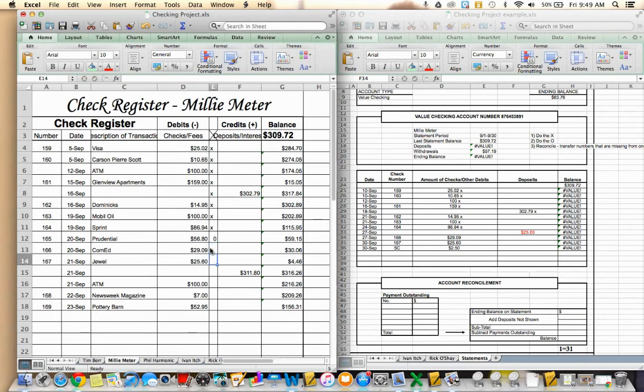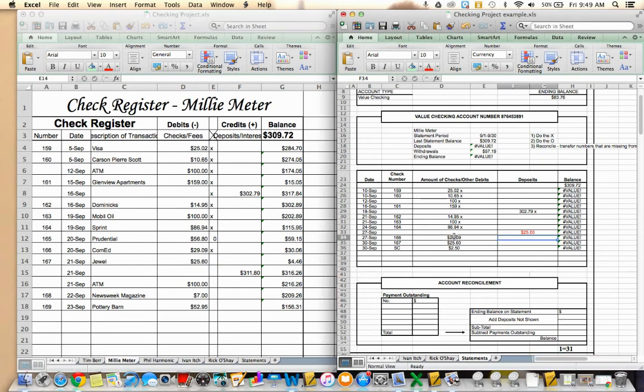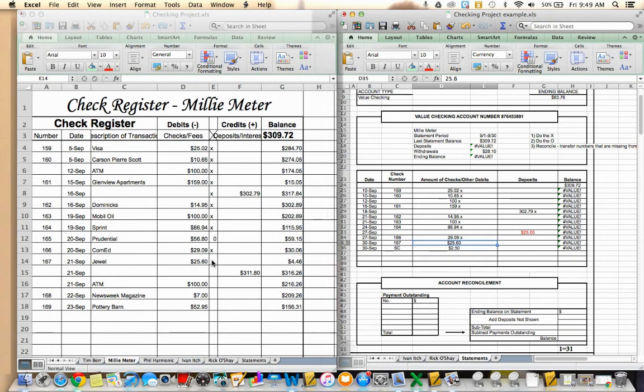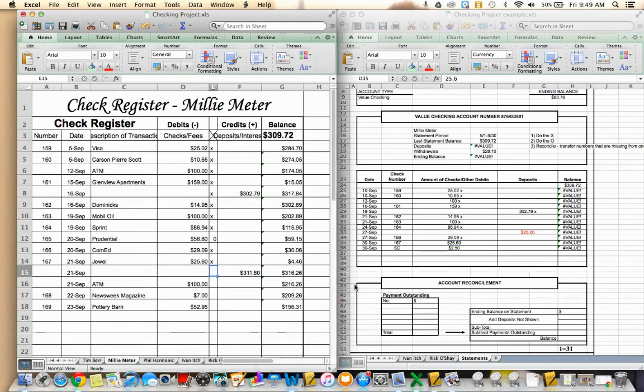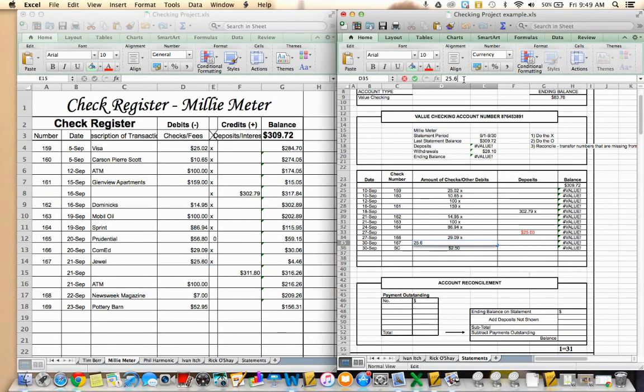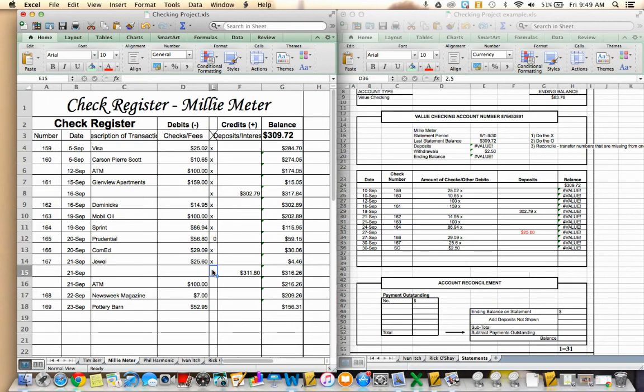So 29.09, and 25.60 for check 167 is in both places. Okay, a deposit for 311.80 is not anywhere in our checkbook. So I'm going to put a circle taking up that entire space, a bigger circle.